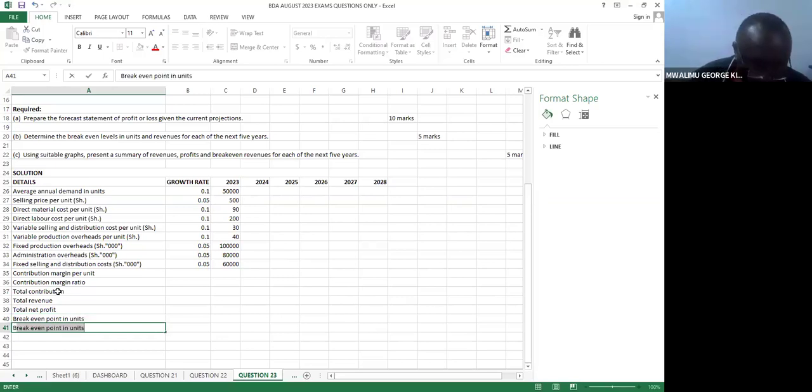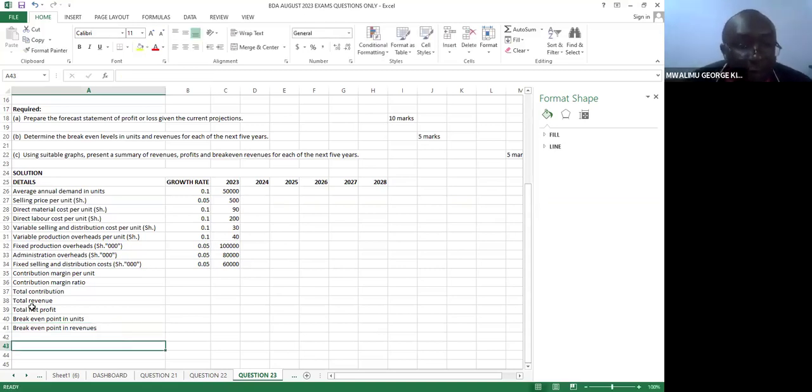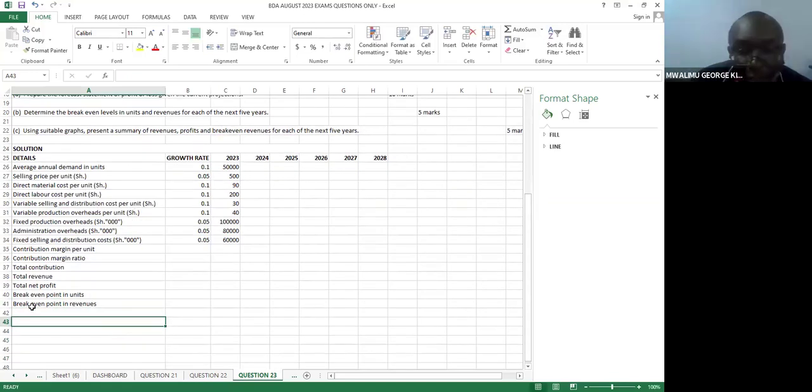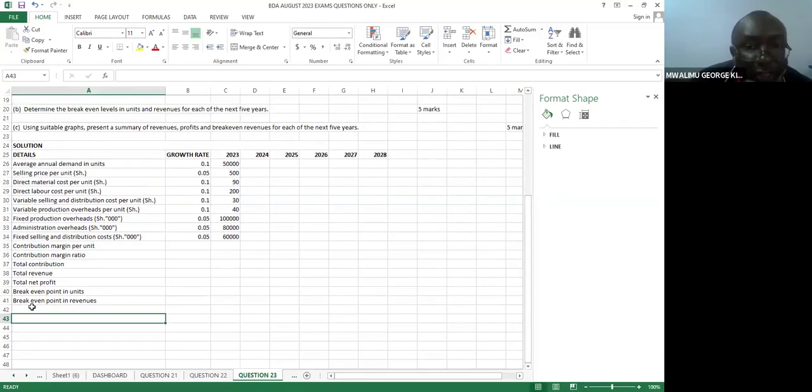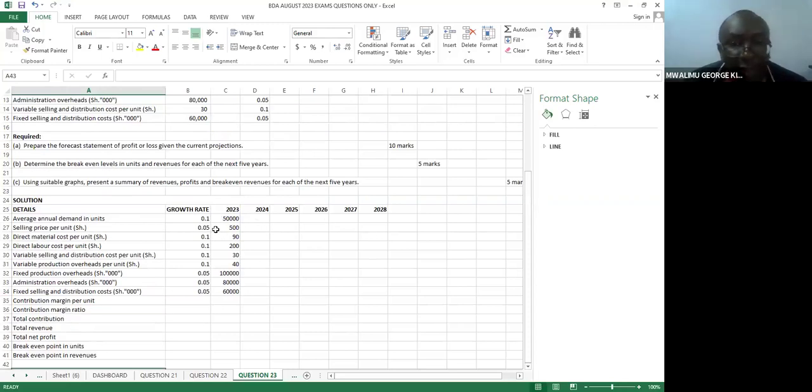Then break-even point in revenues. Yeah, break-even point in revenues. Okay. So I think nikiwa na hiyo nitakuwa nimejibu up to this part B.